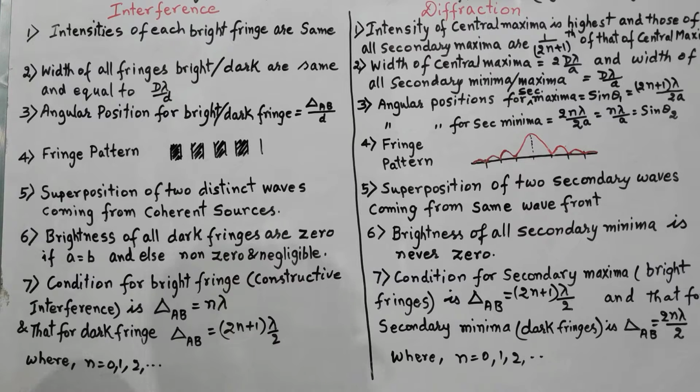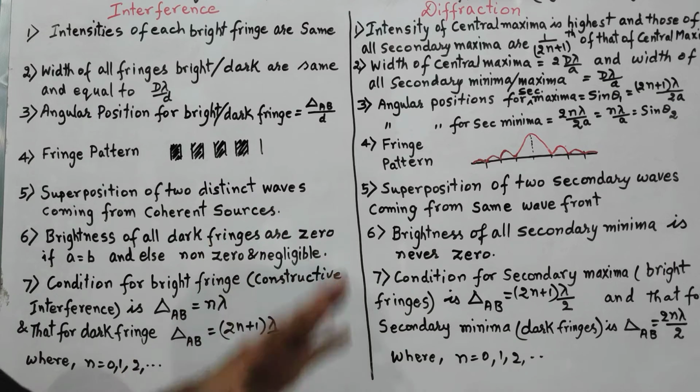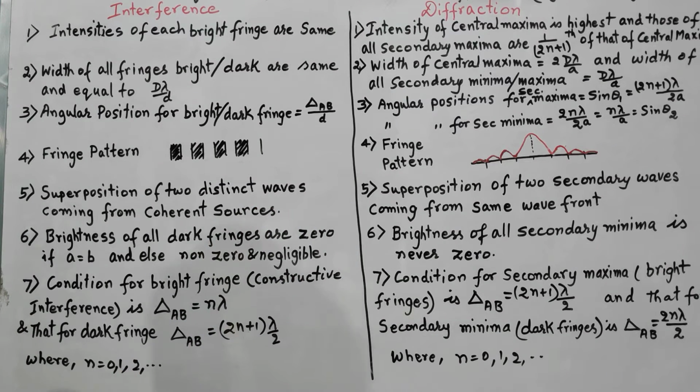For the case of central maxima, the path difference between the two rays coming from the two ends of the wavefront was 0, and therefore for that case we skip finding the angular position by that relation.